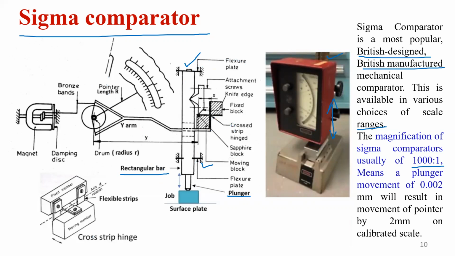The details of the cross strip hinge are given here. It has a moving member and a fixed member. These two are connected by two flexible strips. These two members are at right angles to each other, so they will move or rotate about this axis.